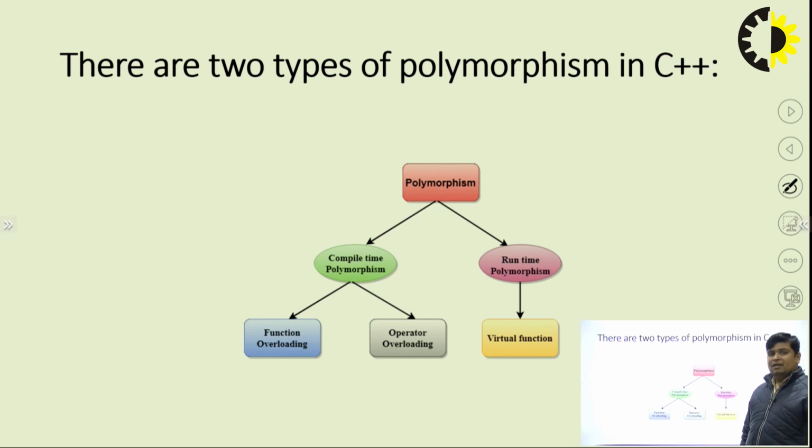Similarly, runtime polymorphism we can achieve with the help of virtual functions. So again, these are the two types of polymorphism. Compile time polymorphism is called early binding, or static binding, and runtime polymorphism is called late binding, or dynamic binding.